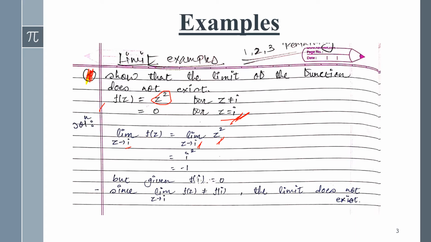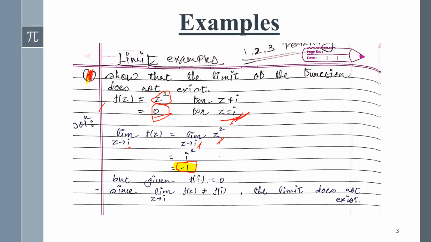It's given for i, so if we put i, the function value should be 0, right? But here you can see we are getting -1, which is not 0. Again I'm highlighting with the yellow marker: if it were 0, then we could say the limit exists.